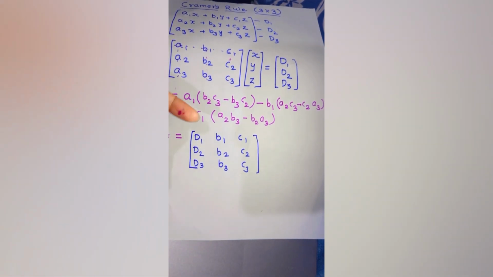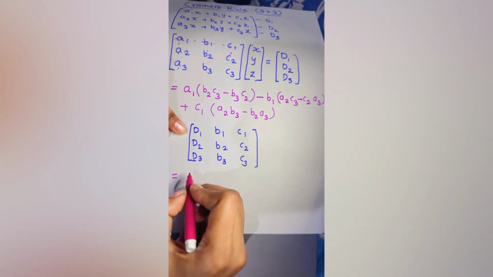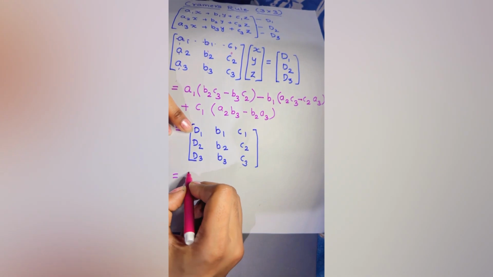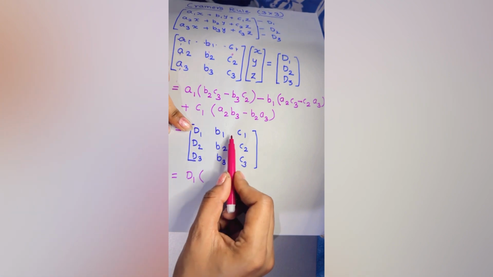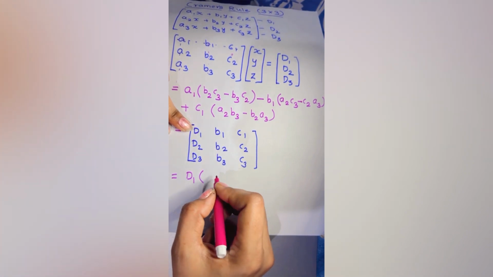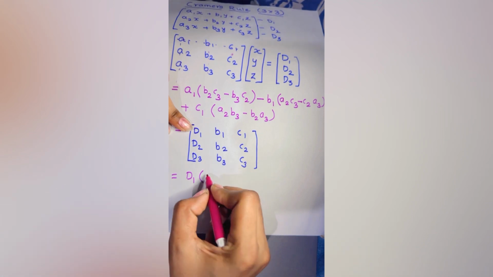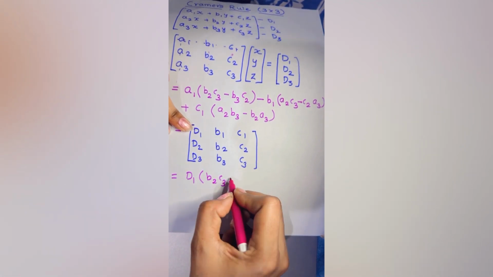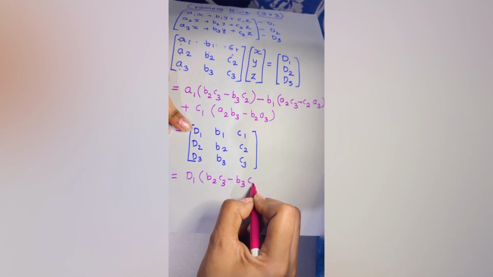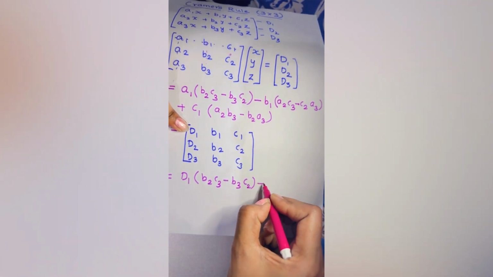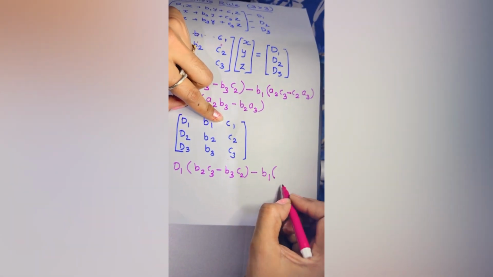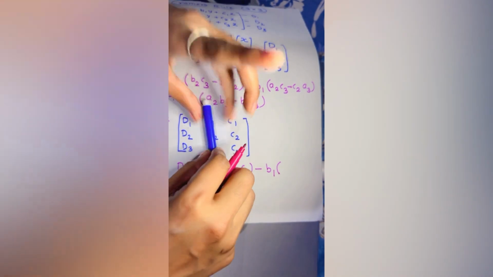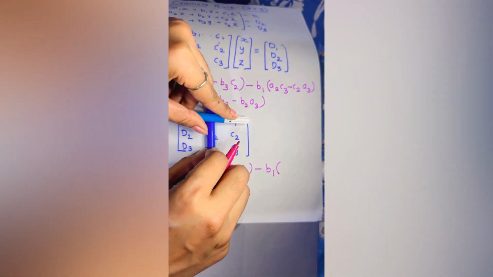Then you have to calculate dx. How will you calculate it? In the same way as we calculated this. First write d1, then close the row and column d1 belongs to. So what will remain? b2 c3 minus b3 c2. Minus, the second term is b1. Close this part and this one.